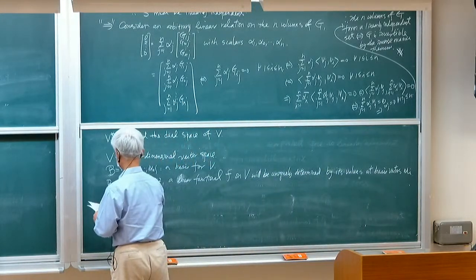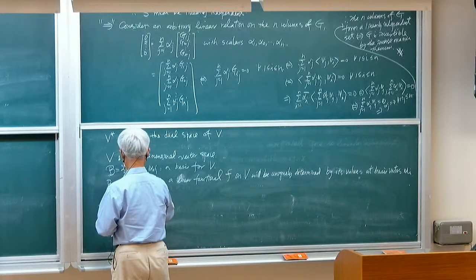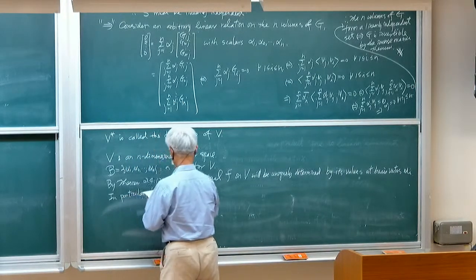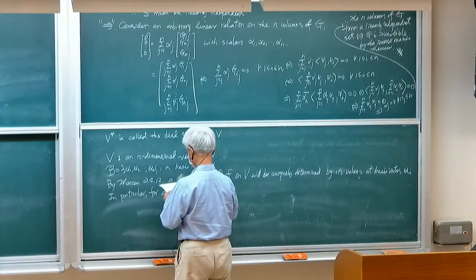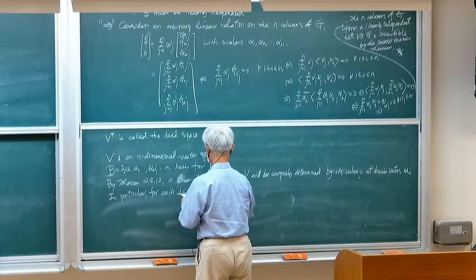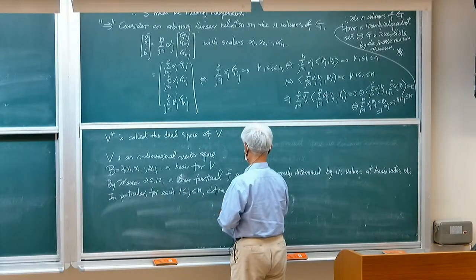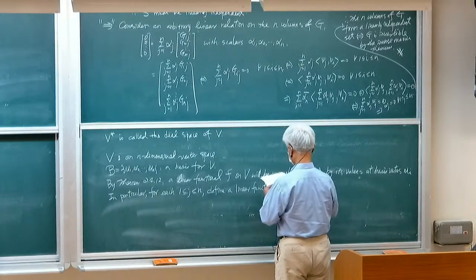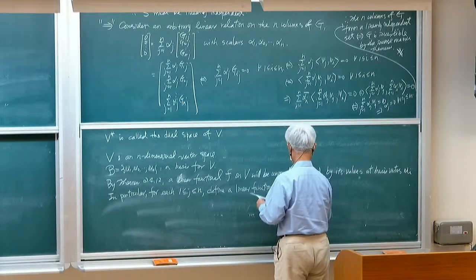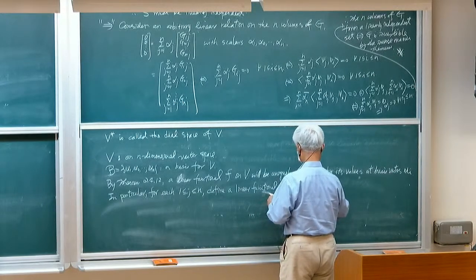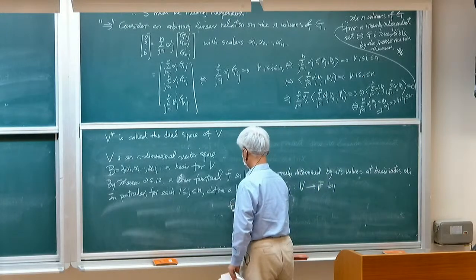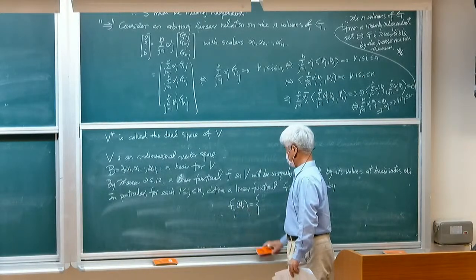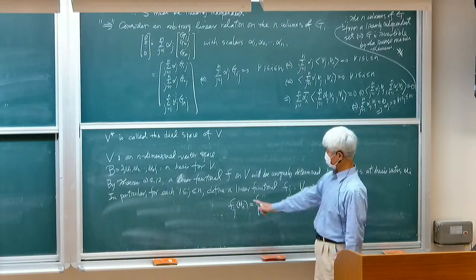Okay? So in particular, for each j from 1 to n, we define a linear function called fj from V to F by, so the fj function, okay, now we will specify its values at the basis vectors.